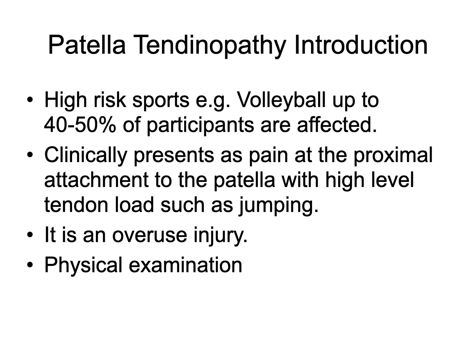This is obviously from American studies, where basketball is one of the major sports. So in other countries, such as the UK, this wouldn't be such a high percentage. You might find, say, in New Zealand, for example, netball would be a lot higher in prevalence than patella tendinopathy.